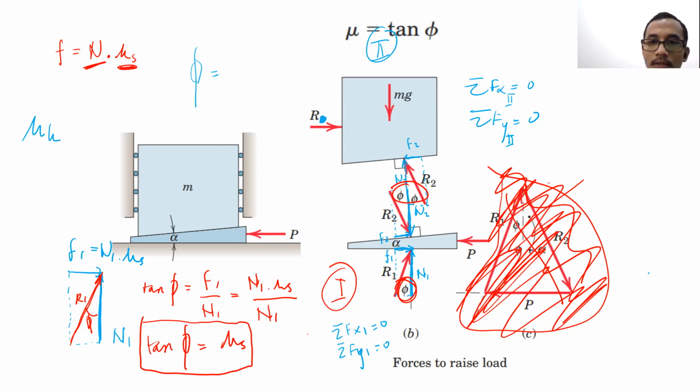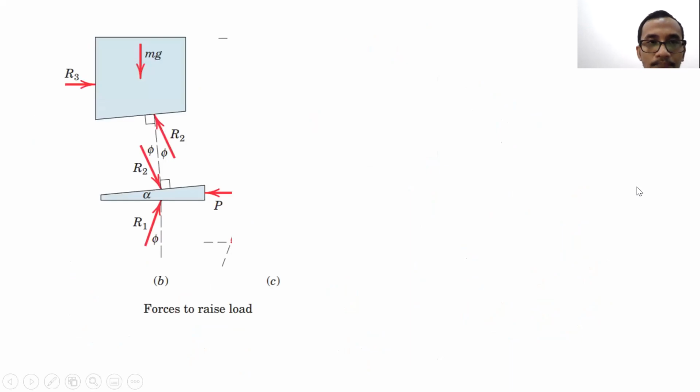Okay, in that case, I will just continue then. So this is actually the free body diagram of the mass and the wedge, when we try to raise the mass, when we try to put the wedge in, right?